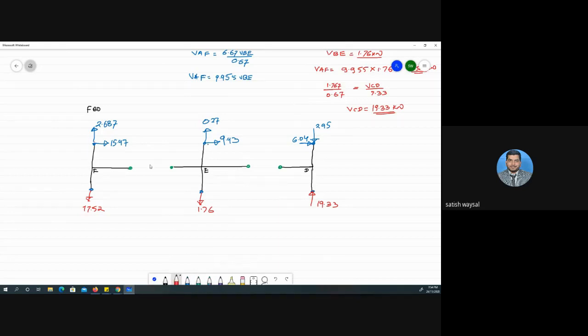Vertical forces will show in the red color, 4.03. Okay, let us see this first. This will be acting downward, this downward, this downward, this will be upward, downward, this is upward. Okay, horizontal will show this.